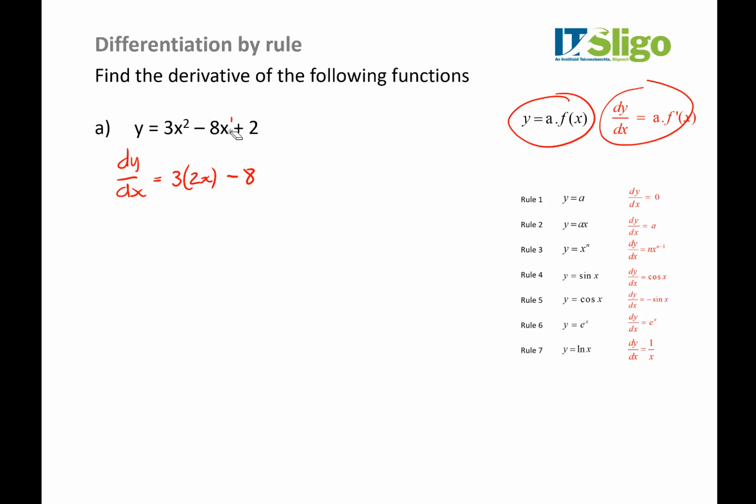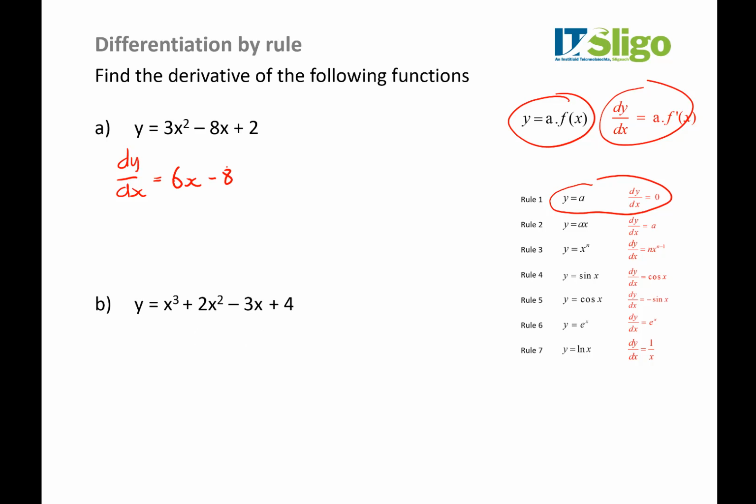And then any constant value, the plus 2. Remember, this was rule 1 here. Any constant value just goes to 0. So you can write in plus 0, but it's usually trivial. So in this case, our answer becomes 6x minus 8.